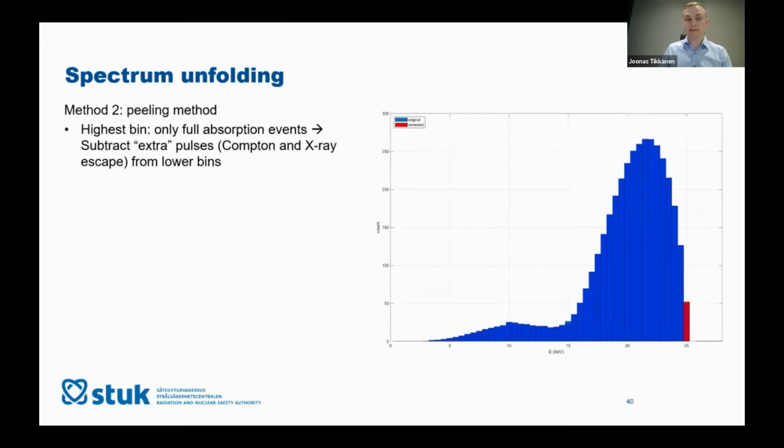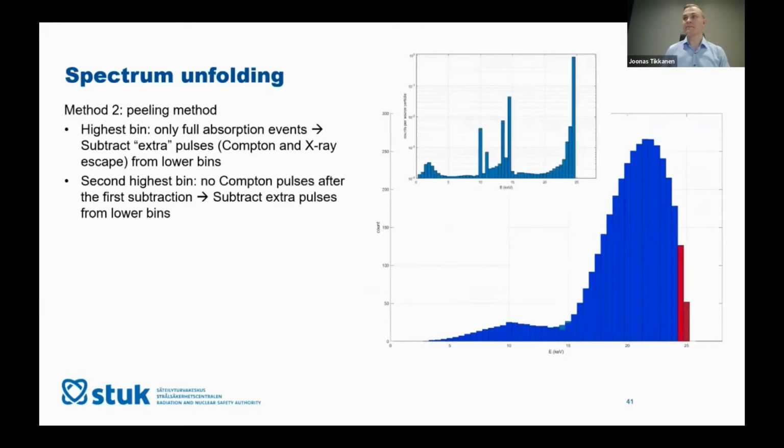After this, if we look at the second highest bin, it did have some of these so-called extra events there previously, but they were only coming from the highest bin. Now we subtracted them, so it also should be only full energy absorption events. So we can do the same subtraction to all the lower channels. Now you can see at the 14 keV bin that the count is significantly lower.